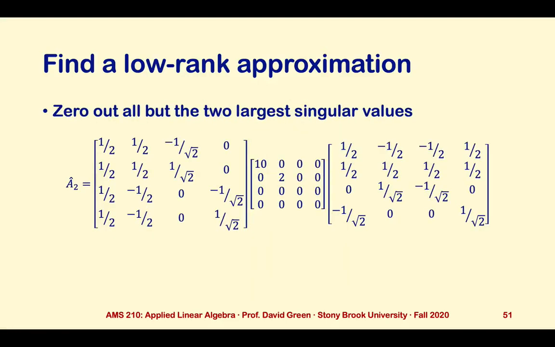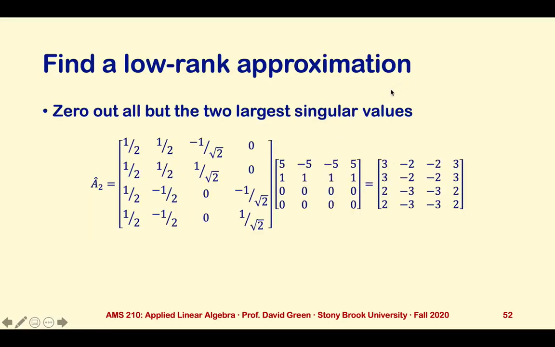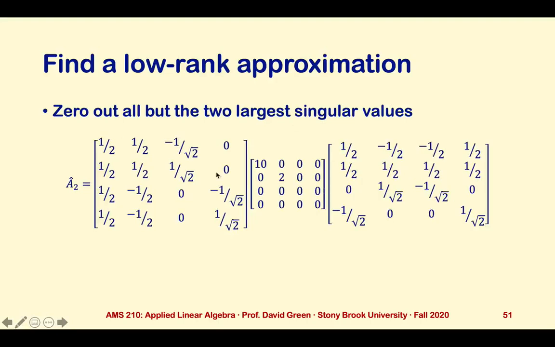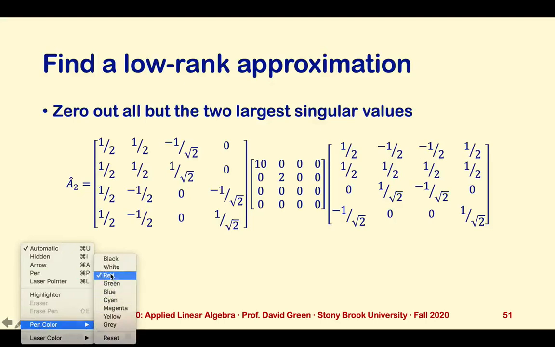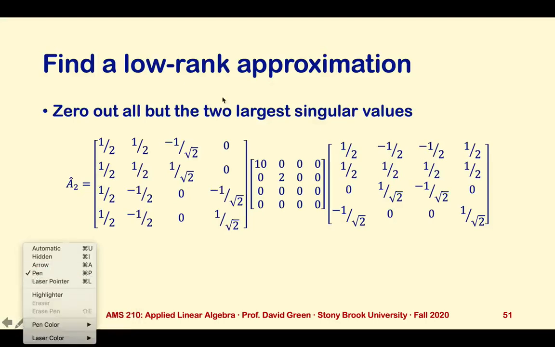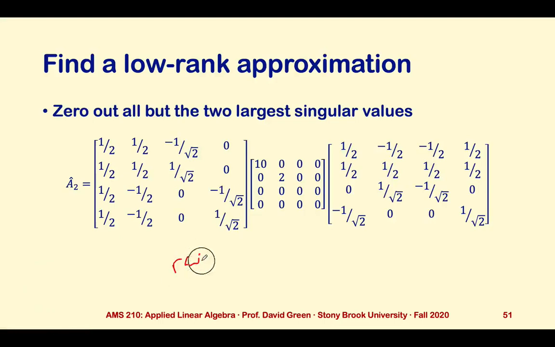All right, the key to low rank approximations is to zero out all of the singular values beyond the ones that we are looking for in a rank. So in this case, we are looking for a rank 2 matrix. That means that we only keep 2 of the singular values.